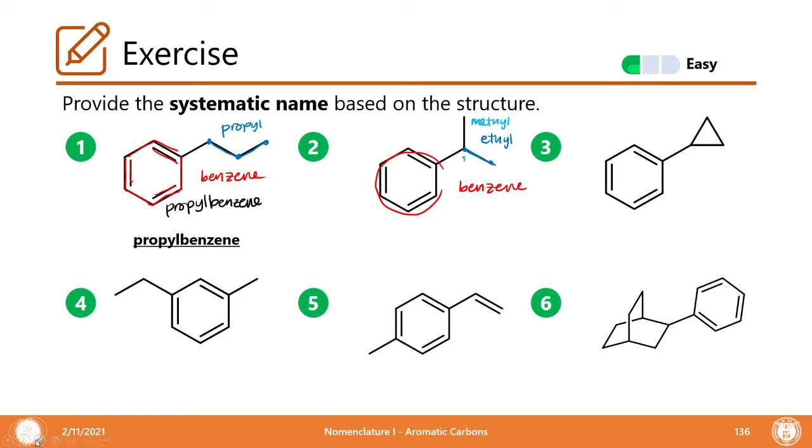So we have 1-methylethylbenzene. You can also name this as isopropyl. Okay, so 1-methylethylbenzene or isopropylbenzene. Okay?